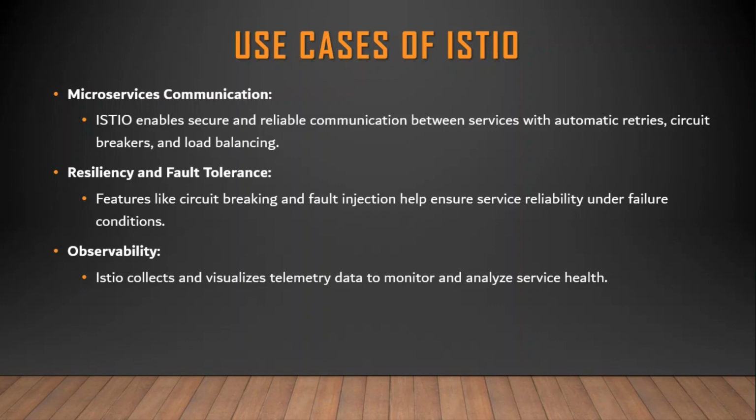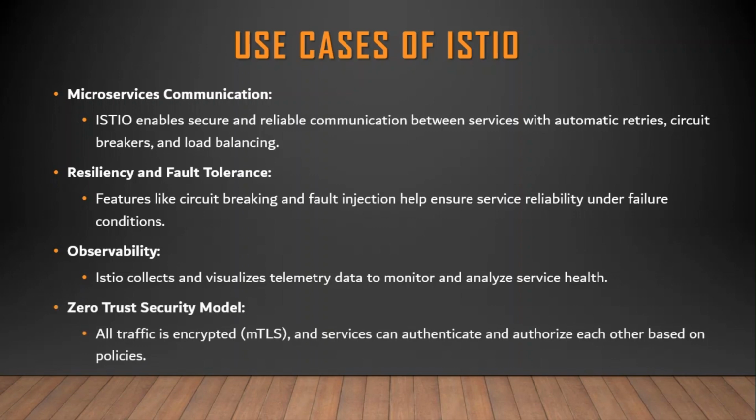Next one is observability. It collects telemetry data, enabling administrators to monitor and analyze service health. And the final one is zero trust security model. Istio encrypts all communication and enforces strict authentication and authorization policies for a zero trust environment.